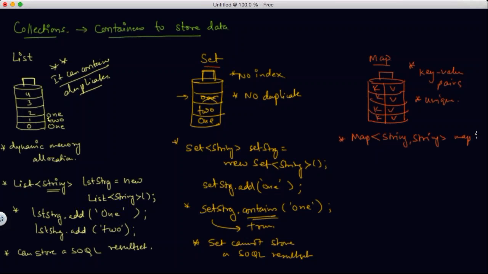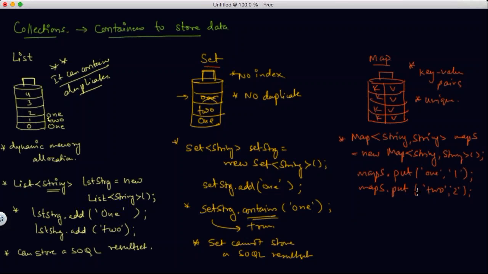You can give the name as mapS is new map string comma string, right? If you want to add any entity in this particular map, you can add it like this, like mapS dot put one, mapS dot put two, right?